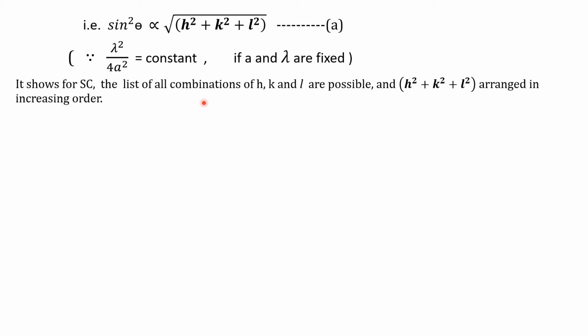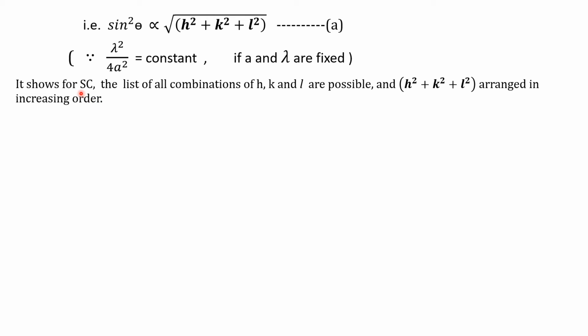From that equation, we say that the simple cubic crystal structure gives all possible combinations of hkl, and therefore h square plus k square plus l square is arranged in increasing order.